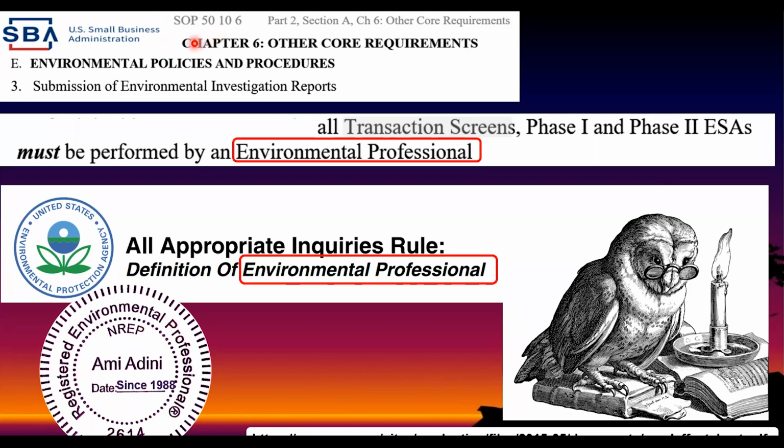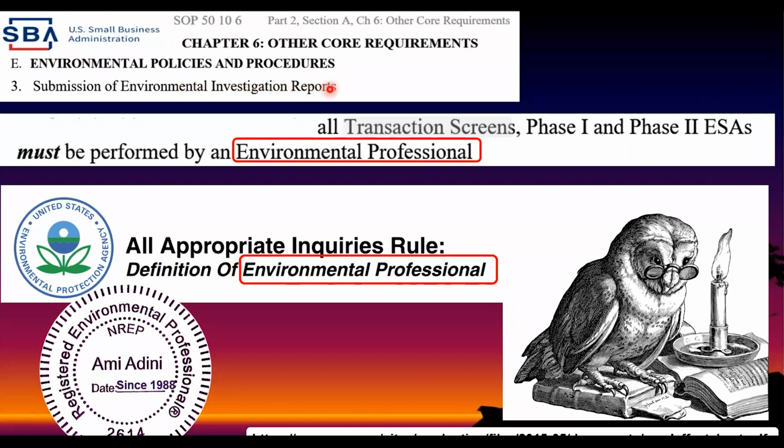In it, there is Chapter 6, Other Core Requirements, and in Chapter 6 there is a subchapter called Environmental Policies and Procedures. Basically, they say that almost every commercial transaction has to have environmental investigation reports.